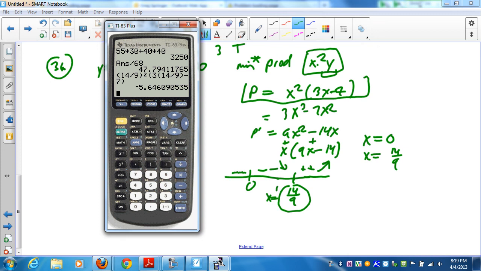Let's take a look at 37. Since we're on the calculator already, let's just put these two functions in the calculator. 37 has sine of x and 1/4 x minus 1. Make sure I'm still in radians here. Should be. Yep.